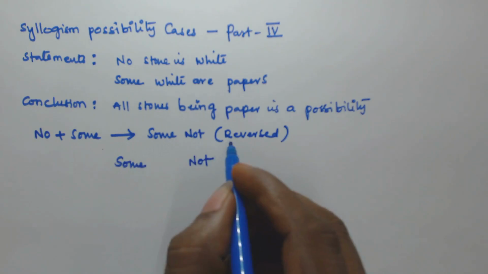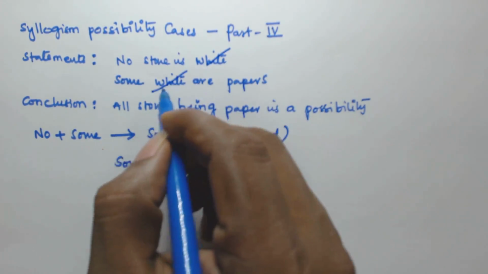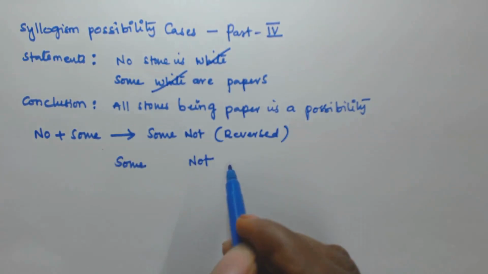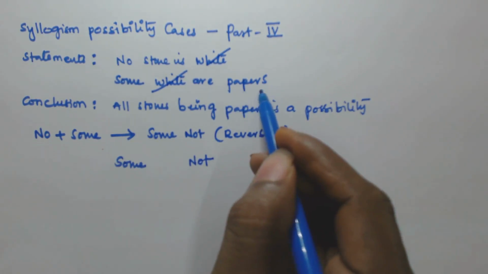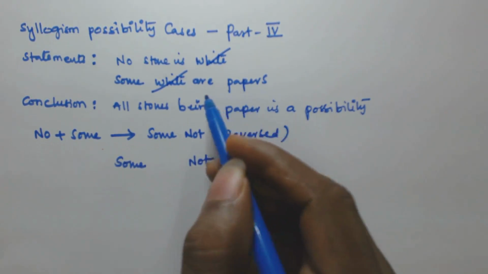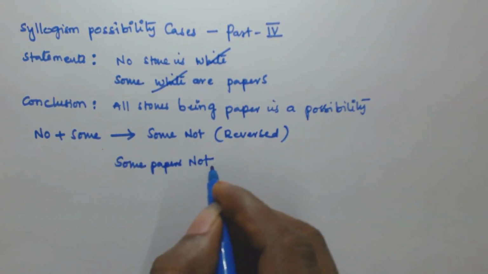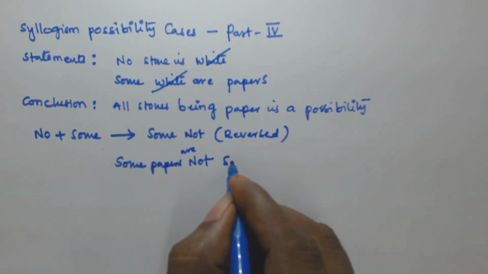Now reversed means that if white is cancelled, in general we take stone as the subject and paper as the predicate, but reversed means we take the predicate as the subject. That means: some papers are not stones.